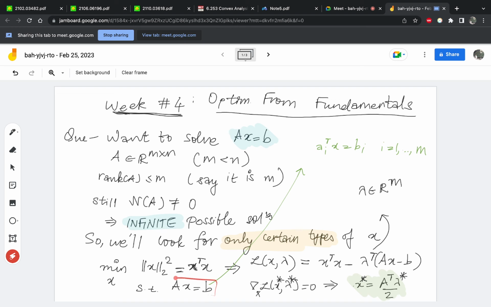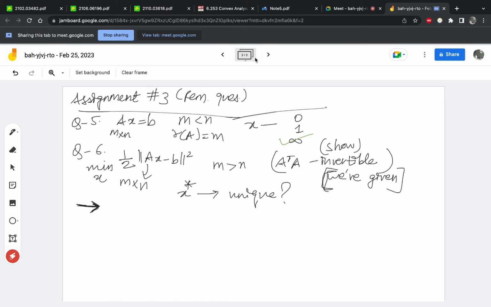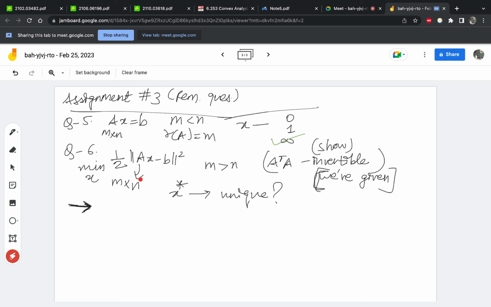The question we are looking at right now, it's okay if we are close enough, in the sense that Ax is very close to b. Before, I wanted it exactly satisfied, with a constraint such that the norm of x is minimized. Here I am doing something slightly different. See, the reason why I am saying this is, let's look at the Lagrangian.